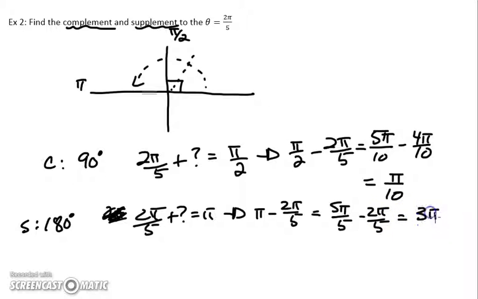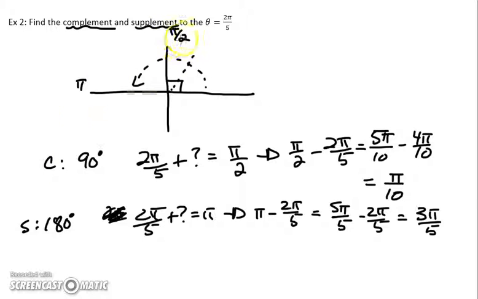So 3 pi over 5 is the supplement. Complements and supplements work the same way. We just have to know that the 90-degree angle is equivalent to pi over 2, and 180 degrees is equivalent to pi.